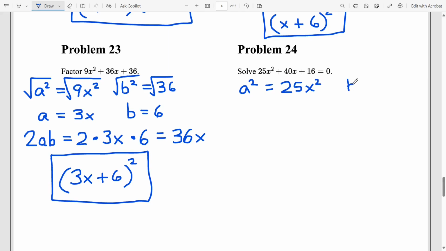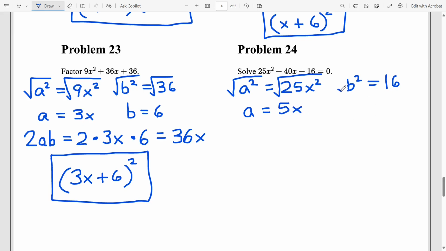B squared is going to be 16. So to solve for a, I need to take the square root of both sides. So the square root of a squared is a. The square root of 25x squared is 5x.